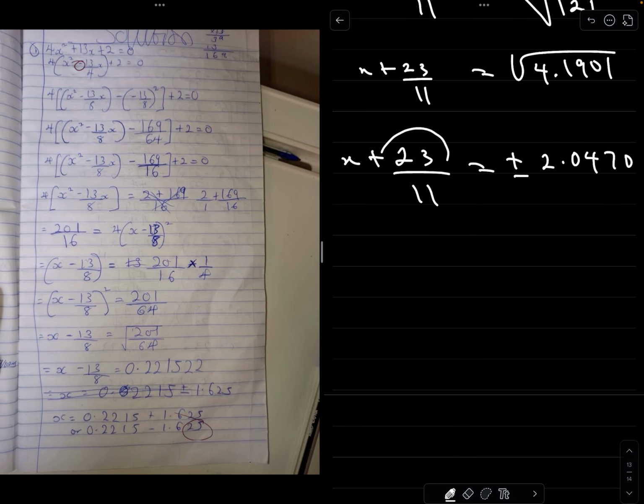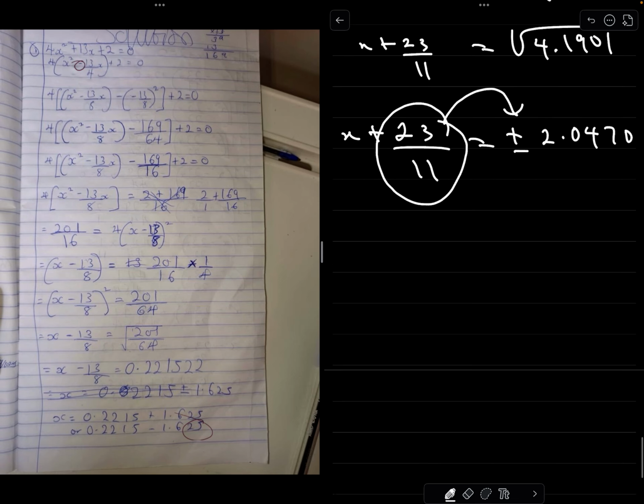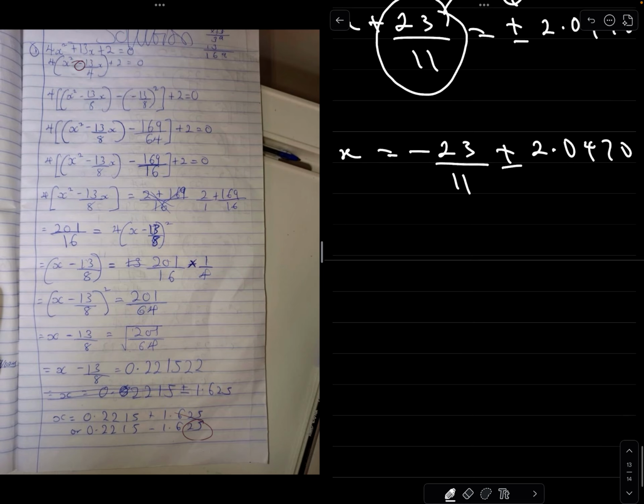Now we move this plus 23 over 11 to the right hand side, and when it gets there it becomes minus 23 over 11. That means x equals minus 23 over 11 plus or minus 2.0470. And that's equal to, let's see, what's minus 23 divided by 11? That's minus 2.0909 plus or minus 2.0470.